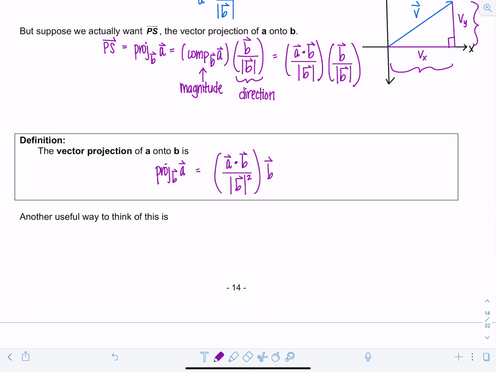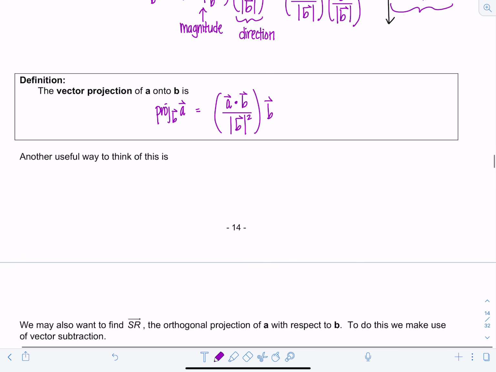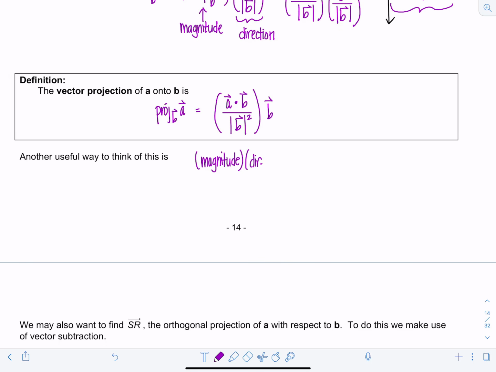Another way to think of this formula is that you basically have that magnitude times the direction. The magnitude is that scalar projection of A along B, and the direction that we want is along vector B, but we don't want to mess with the length, so we need it to be a unit vector.